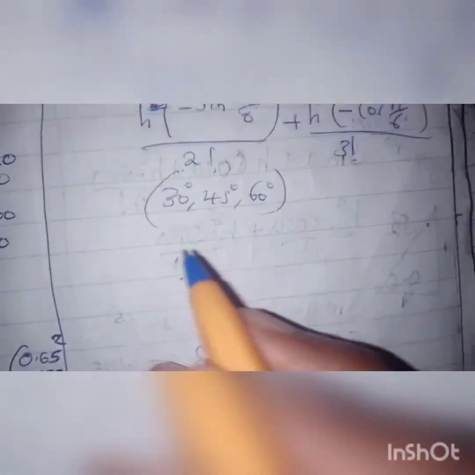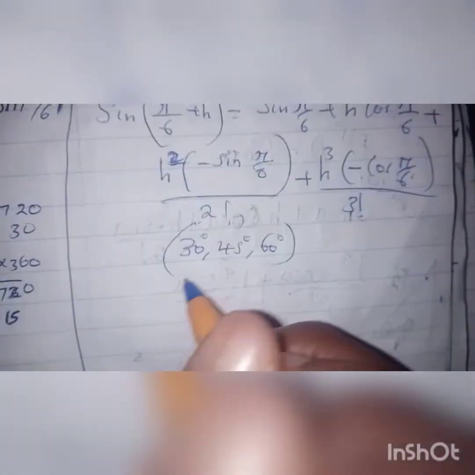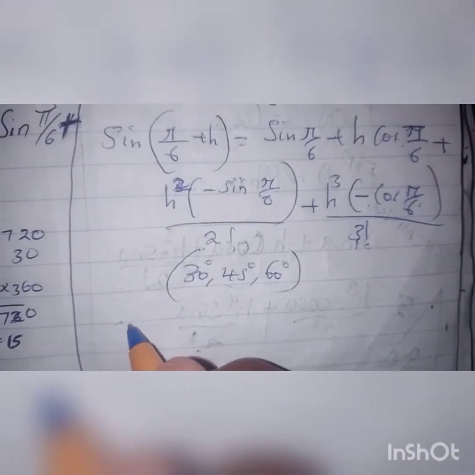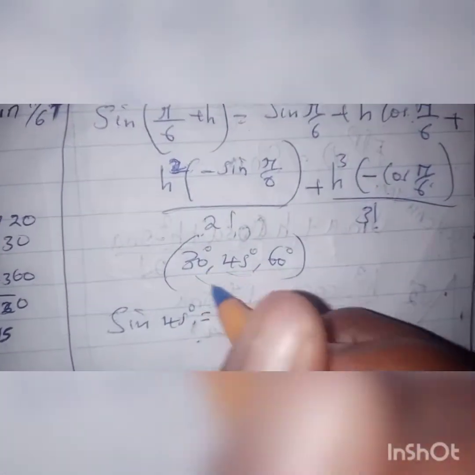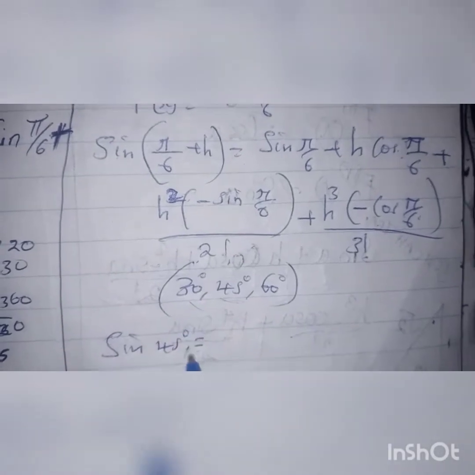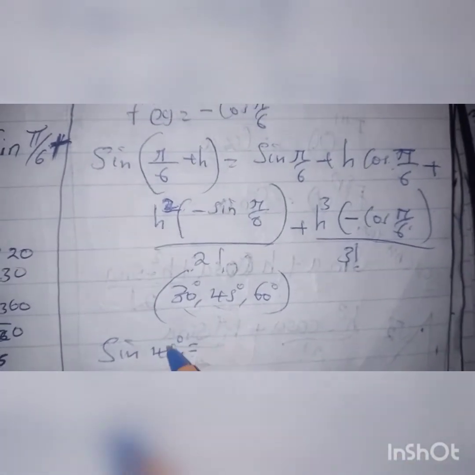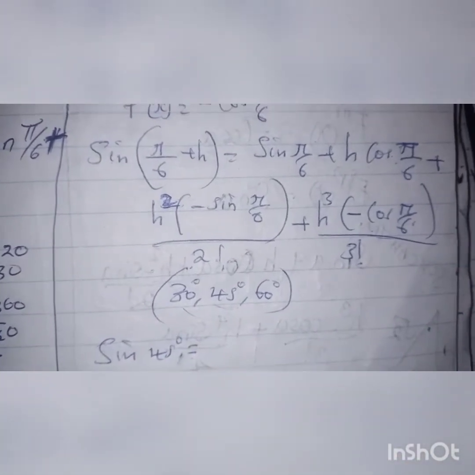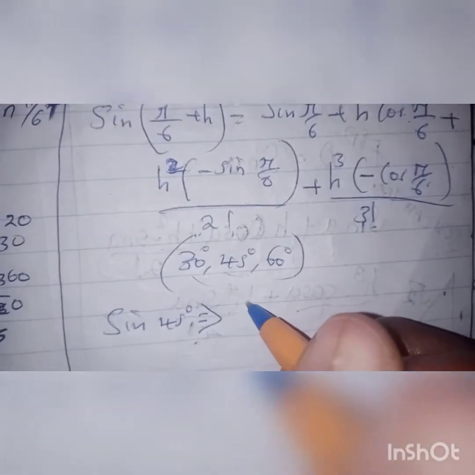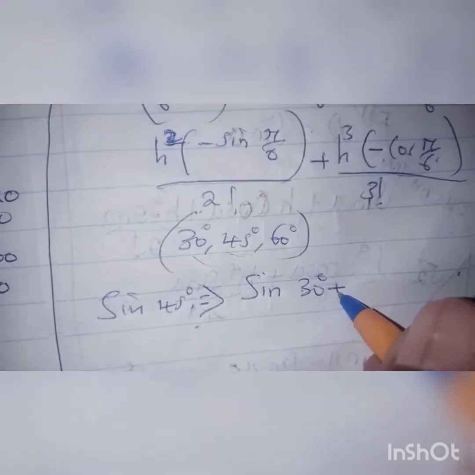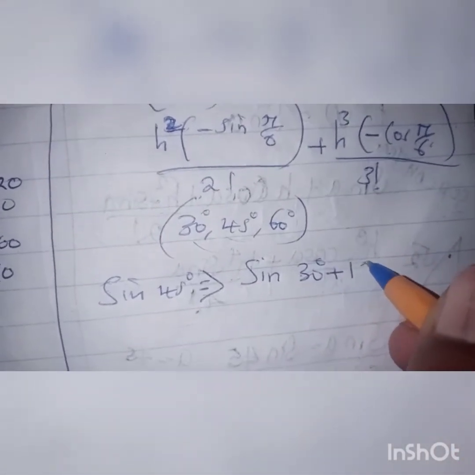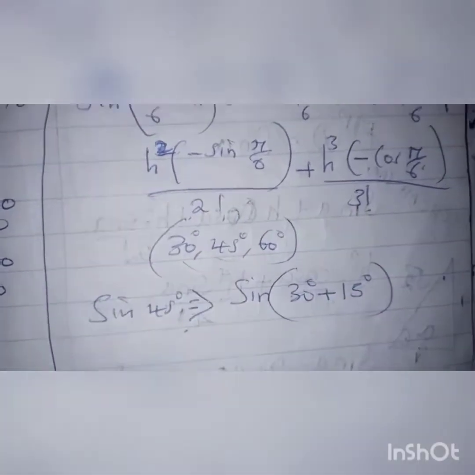So sine of 45 degrees is the same as sine of 30 degrees plus 15 degrees. You can't use 45, there'll be no change.